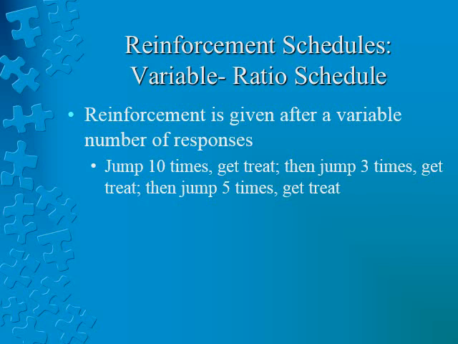And what they're going to do then is start cleaning the room again right away the next time you tell them, because you've picked another random number in your head of number of times that the room needs to get cleaned. They don't know what the number is. Maybe they just clean the room once, and bam, you give them their allowance again. Then you pick another random number. And let's say the kid starts cleaning their room, and after 10 times of cleaning their room, bam, you give them their allowance again.